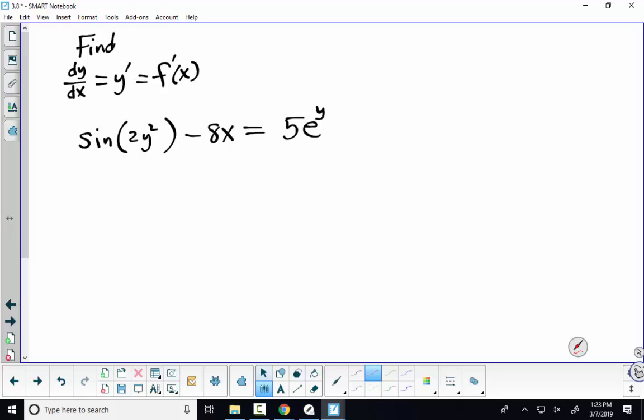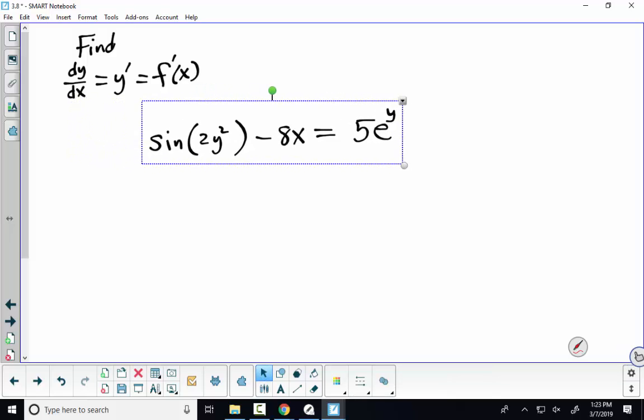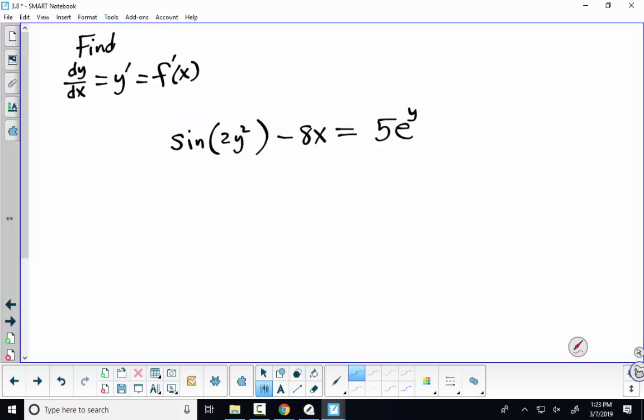So we want to find the derivative. We're going to take the derivative of the equation. The derivative of negative 8x is negative 8. Maybe we need to think about the derivative of sine of 2y squared and the derivative of 5e to the y.